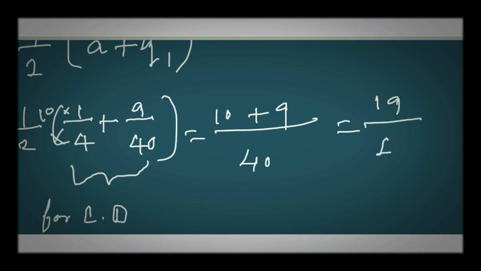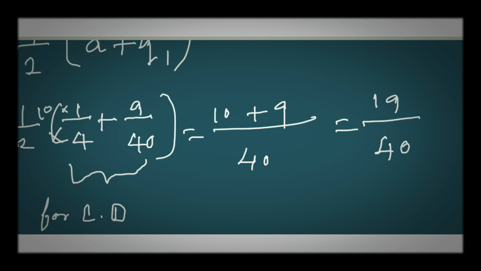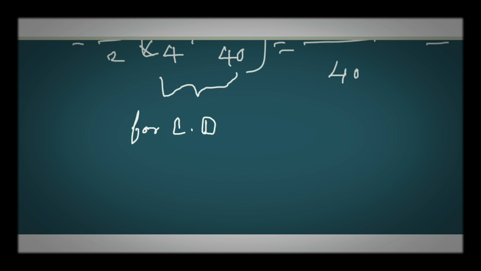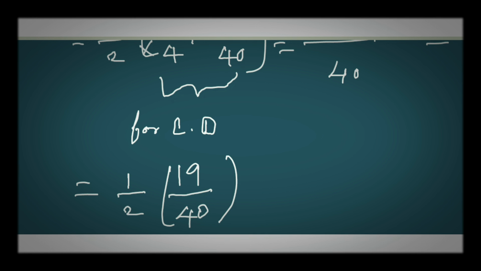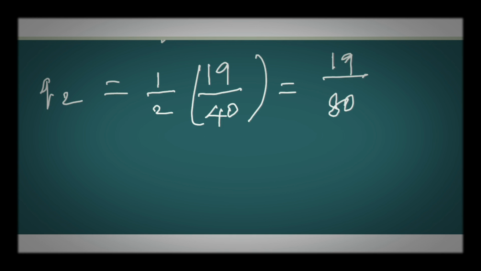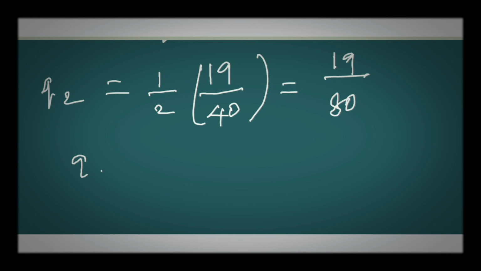So 10 plus 9 divided by 40 is 19 by 40, and we still have 1 by 2 outside the bracket. Now multiply it: 19 is 19 and 2 times 40 is 80. So what is the Q2 value here? It is 19 by 80.